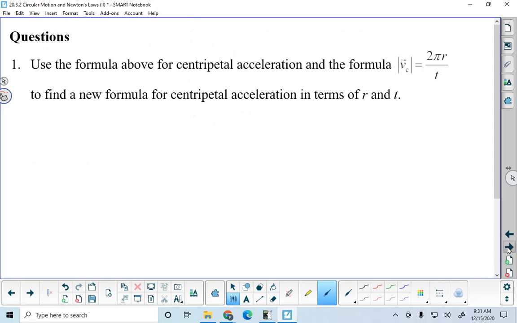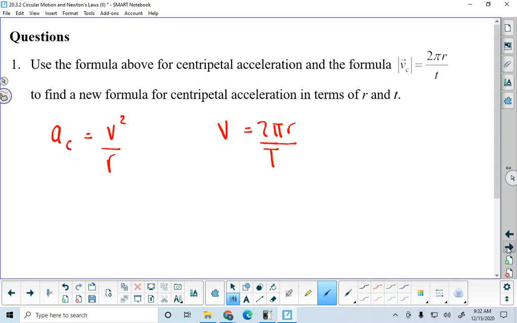First question here, use the formula above, and I'm going to rewrite it. And just like my speed formula, I tend not to put vector symbols here. We want a new formula for centripetal acceleration in terms of r and T. Well, we know that v is 2 pi r over the period.